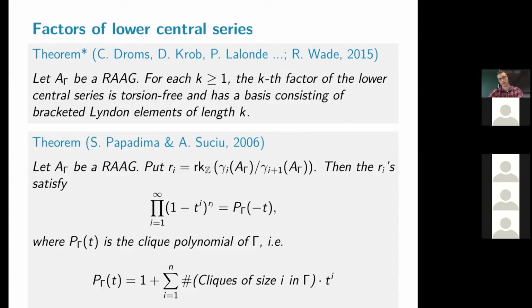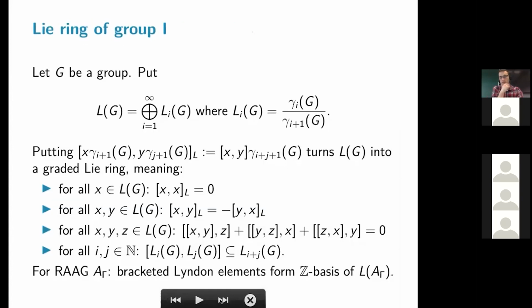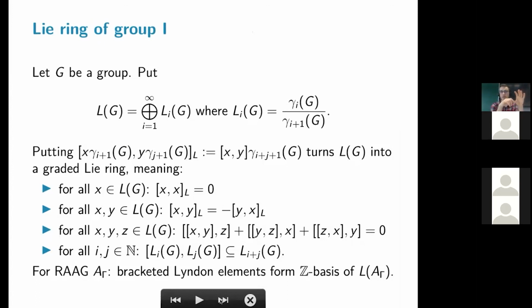Okay, then one last thing. To solve problems in group theory, one approach is to try and make it into a linear algebra problem. And this is one way of how you can do this. So you have these factors of your lower central series.